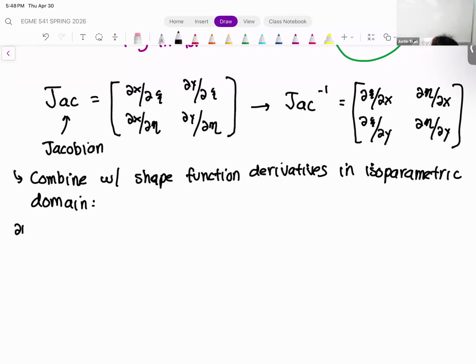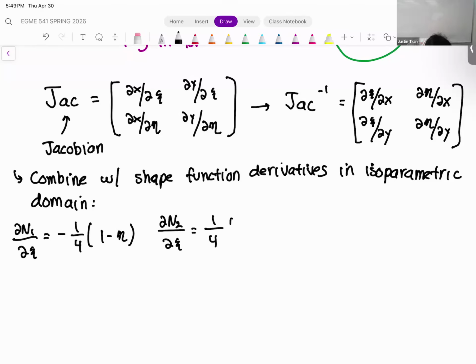So you have partial n1, partial epsilon. This is equal to minus 1/4 times 1 minus eta. Partial n2, partial epsilon is 1/4 times 1 minus eta.